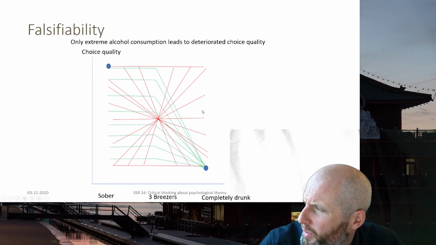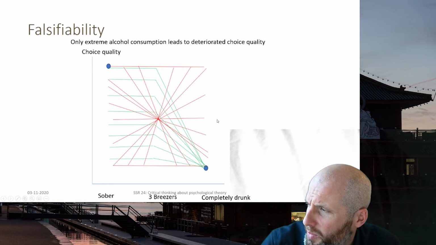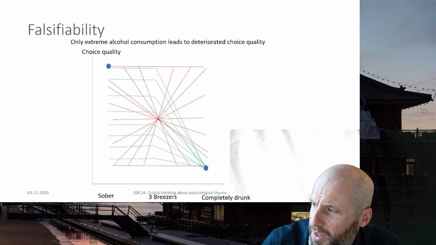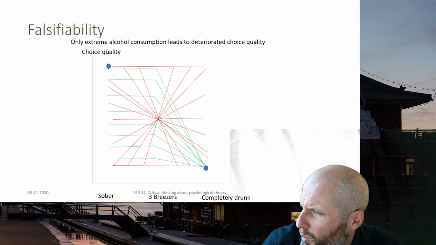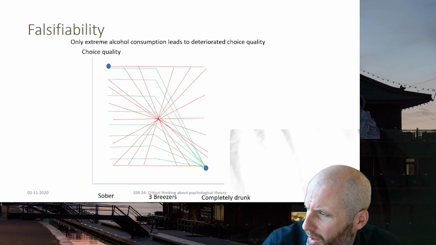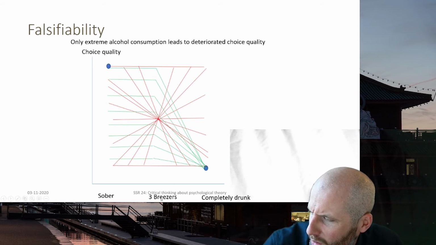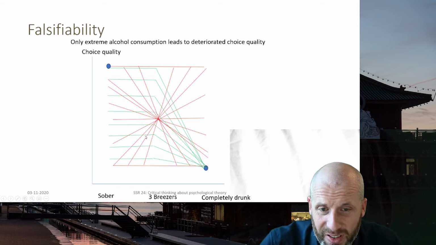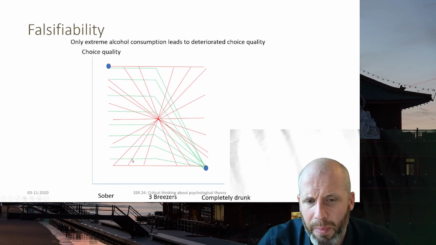If we now move on to only extreme alcohol consumption leads to deteriorated choice quality, then the class of potential falsifiers becomes even larger. Not just a simple linear relationship is excluded here. We're specifically saying that there's no change in choice quality up until a certain point of alcohol consumption, and then the quality of decision-making deteriorates. So that makes a very specific prediction about the data that would occur.